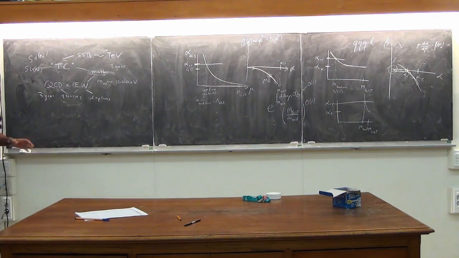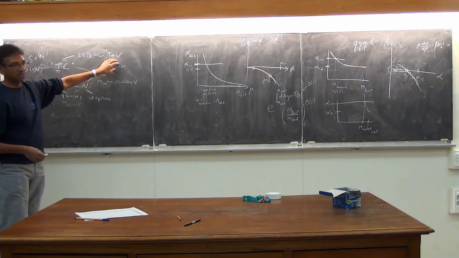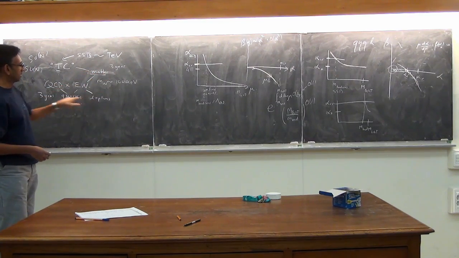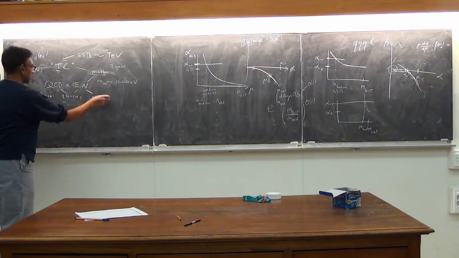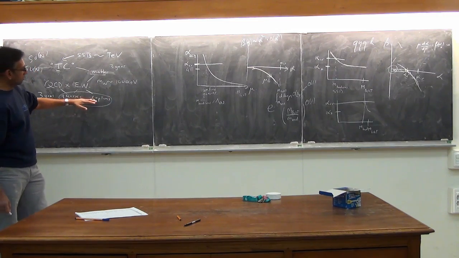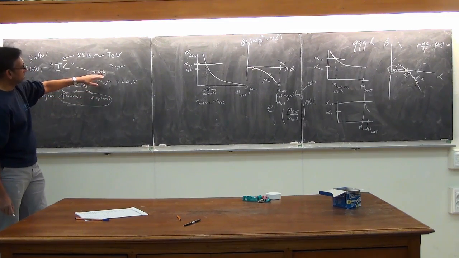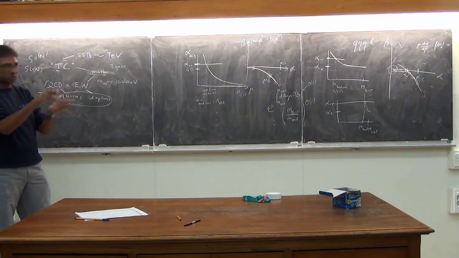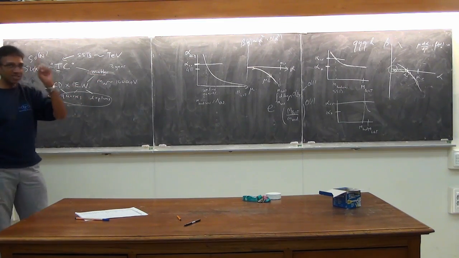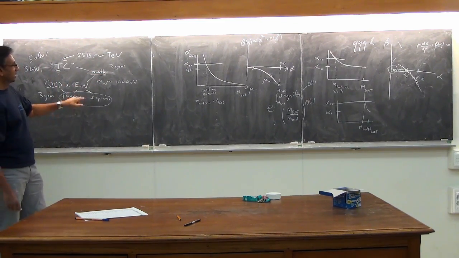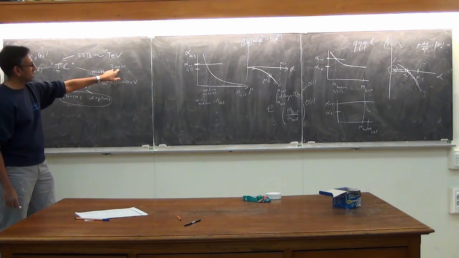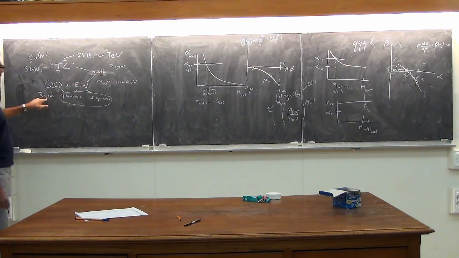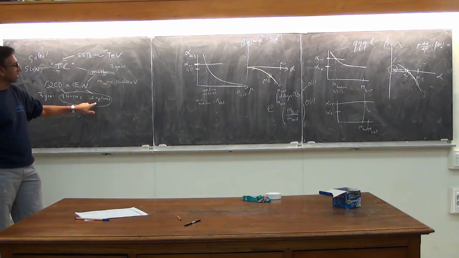Now, in the original Technicolor, with capital T, the idea of how you give masses to ordinary fermions, how do these guys get masses, was ultimately pursued in various ways, and in one such approach you ended up having 3 generations of technifermions to match the 3 generations of ordinary fermions.